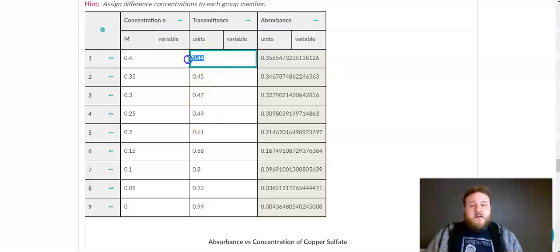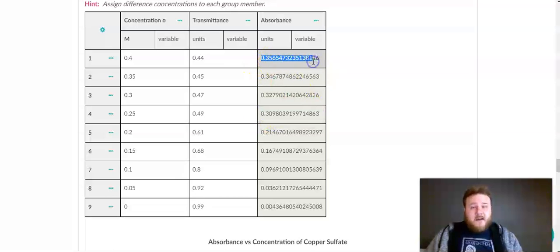But the big trend here: transmittance increases as the concentration decreases. And look at the absorbance. The thing about absorbance is that it is not a percentage. This is its own number. It actually doesn't have a unit, so it's a unitless number.